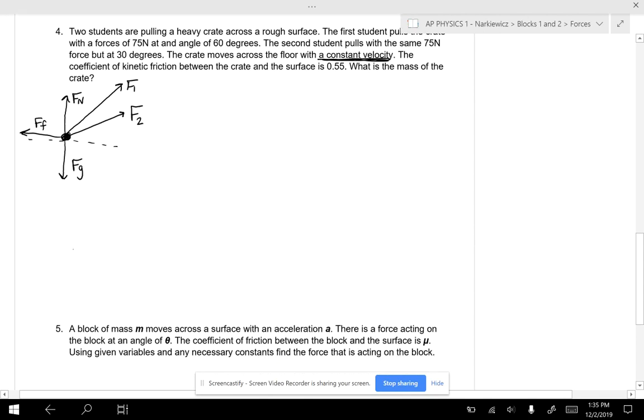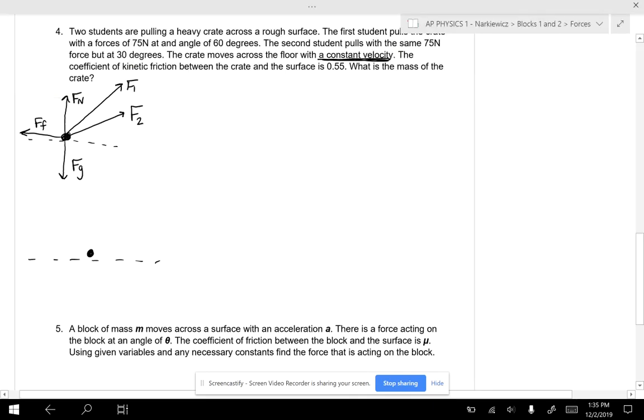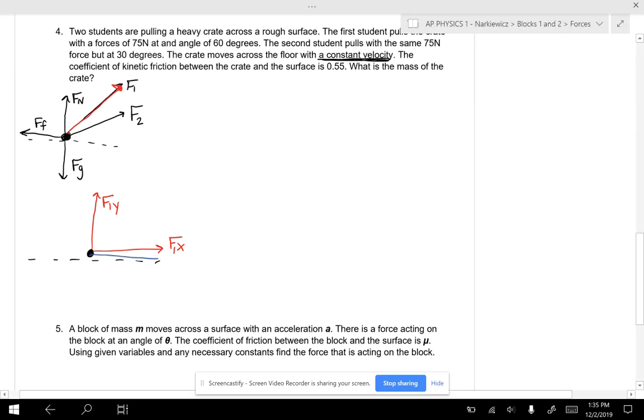So when we redraw our free body diagram, I'm going to redraw it with some different colors. We have an F1x, there needs to be a 1 there, and an F1y, so that represents this person's force. And then we're also going to have an F2x and an F2y, and that represents this person's force.